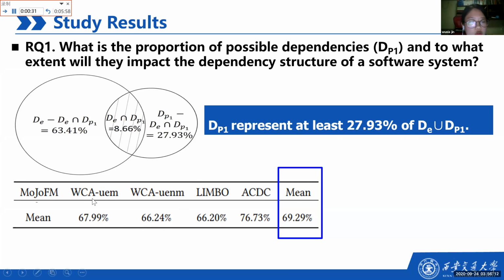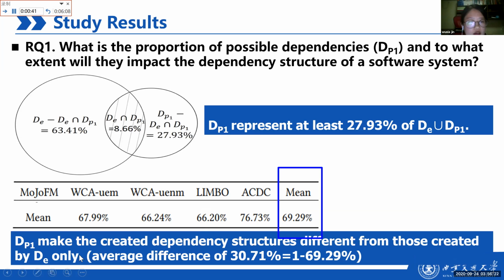We also use WC, Limbo, and ACDC techniques to create the dependency structure based on the dependencies. Our results show that possible dependencies make the created dependency structures different from those created by DE only. The average difference is about 30%.